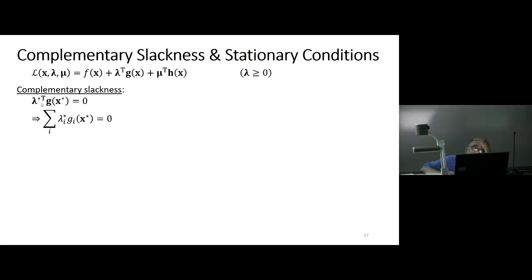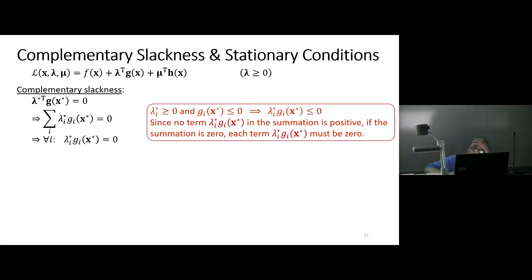So when I say lambda star transpose g of x star equals 0, I mean that each of these terms separately is equal to 0. That's the only way this can be satisfied. So for each i, lambda i star g i of x star will be equal to 0. This is the complementary slackness condition, and you observed that in our graphical illustration beforehand.